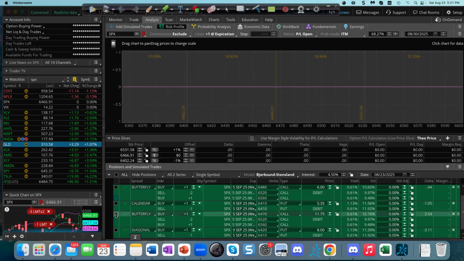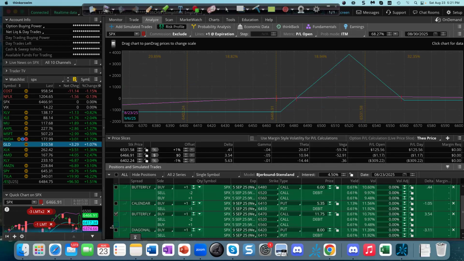Now, the other combo trade here is the flagonal trade. This is just going to be more expensive. The butterfly and calendar was about $1,100. This is getting close to $1,900 because I'm using a broken wing butterfly here. I'm placing the short at the same 65.20, but I'm making it a little wider. My long is 50 points from my short, but my other out of the money call long is only 40 points away. So I'm trying to reduce my risk on the upside. I'm leaning 3 deltas long on my butterfly.